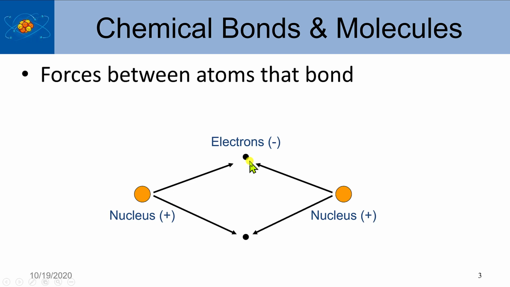On the other hand, the electrons themselves have like charges, and the nuclei, the protons themselves, have like charges, so there will be repulsive forces that occur between those components of a chemical bond.